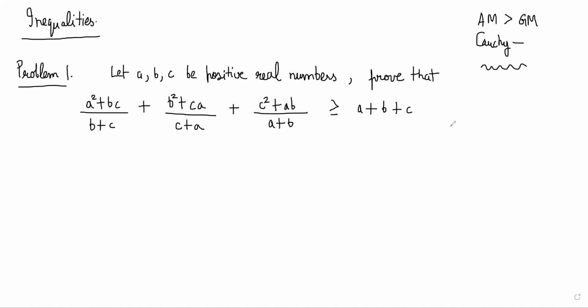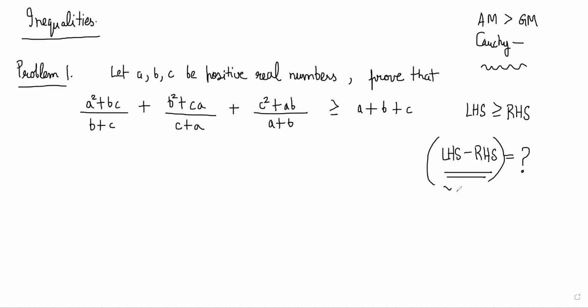Sometimes when you have to prove things like this, it is useful to say that you have to prove LHS is greater than RHS. So can we try and find out what LHS minus RHS is? It's a simple comparison. Just find out this value. If you can prove that this is positive, then it is done, right? Now let me try.